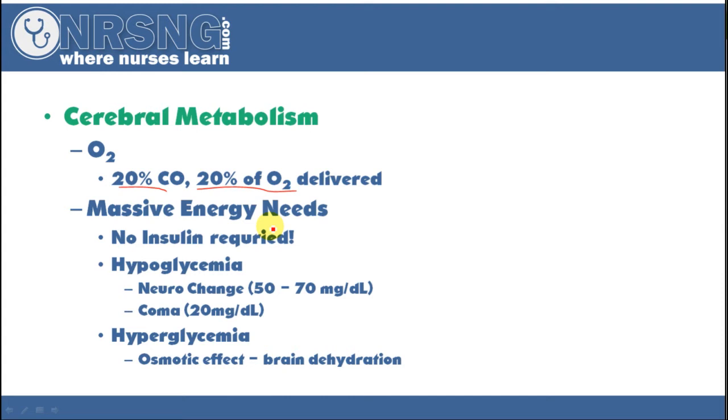And the brain is very sensitive to changes in oxygen delivery. So the second that we decrease that cardiac output and the amount of oxygen that's being delivered to the brain, we start to see changes. We start to see altered mental status as the oxygen delivery decreases to the brain.